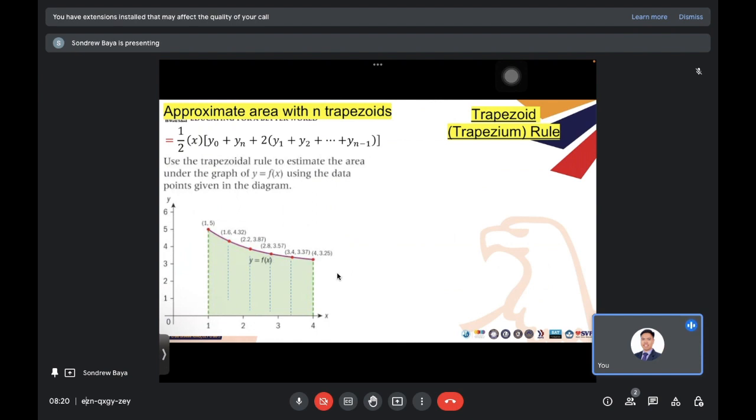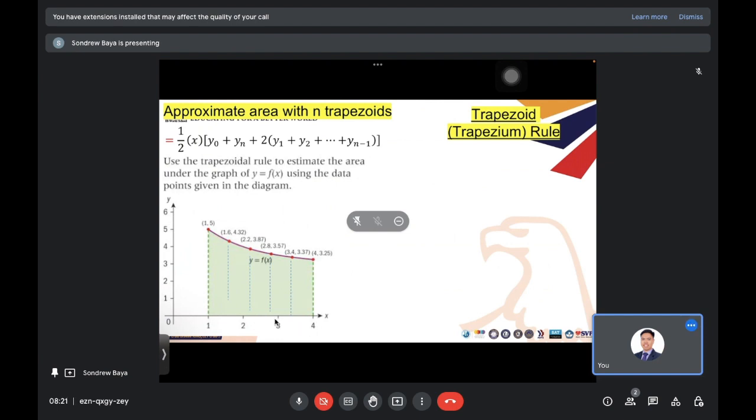What we need to know now is their width, or simply their height, which is just the x intervals. For it to be easy, we can find the total width of the region for which we want to find the area, and then divide it by the number of trapezoids that we are planning to create.